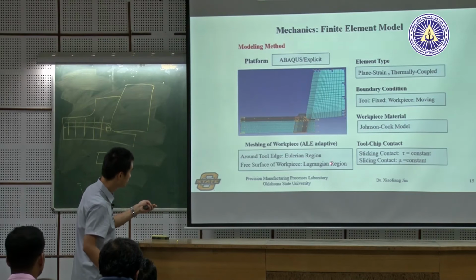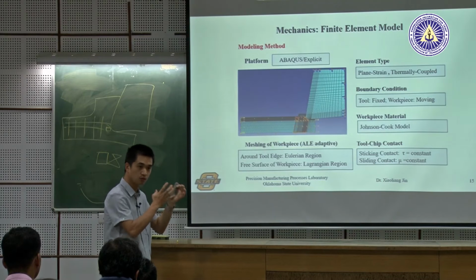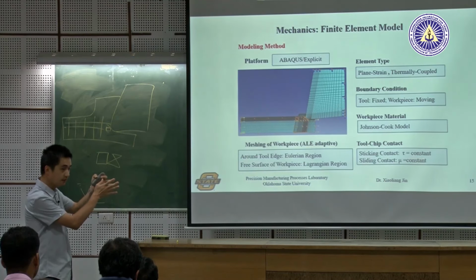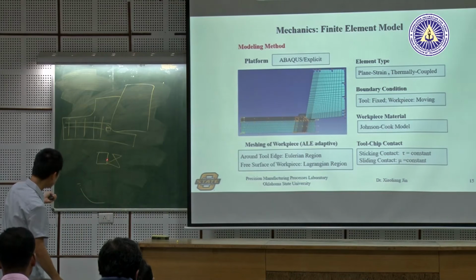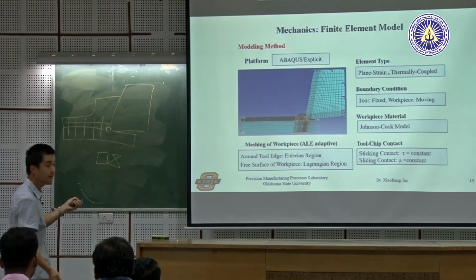But in Eulerian, we release the material but fix the mesh, so the material moves. When it moves to another element, the element automatically grabs the property from that material. So the mesh doesn't change anymore, but the material does, okay?